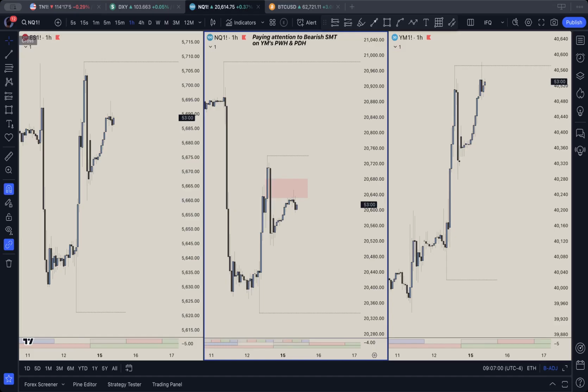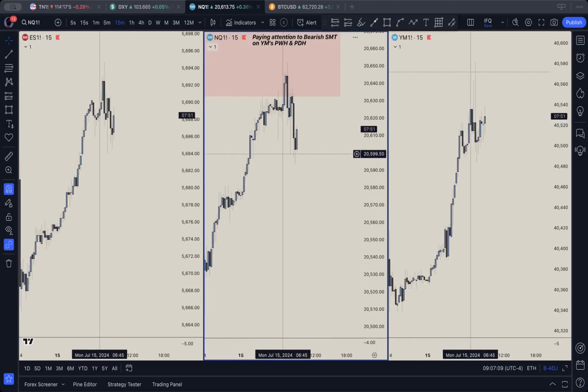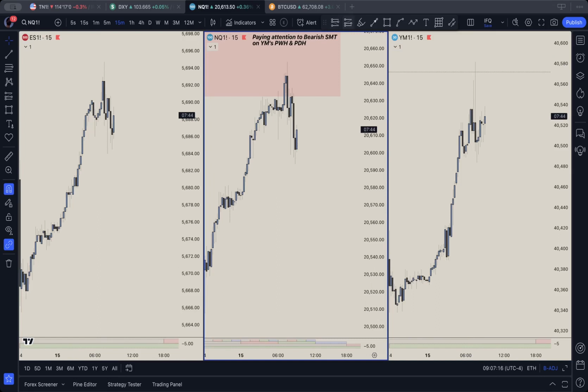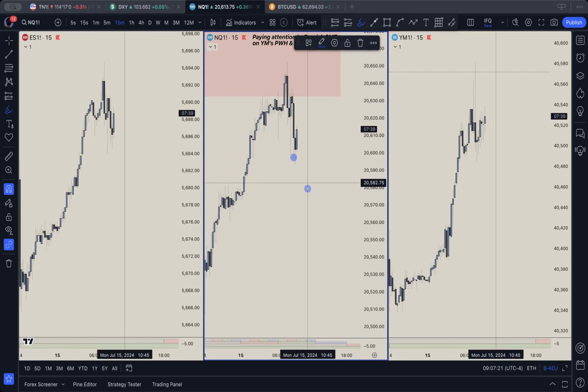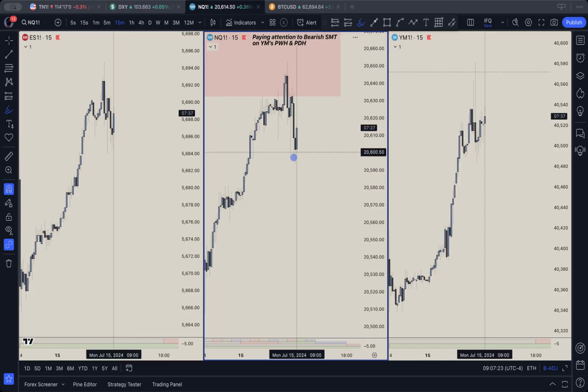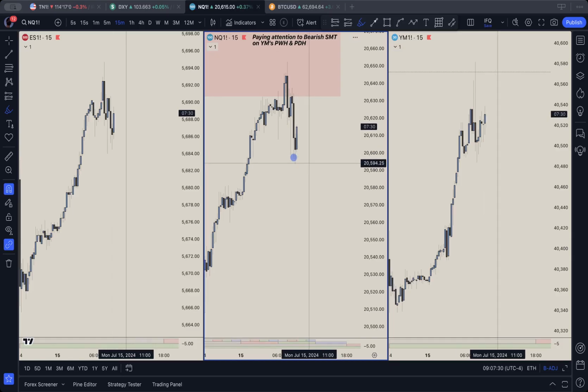So you said you took a long at view up 597. Right here. This doesn't look like a loss to me. Oh, that's a very tight stop, no?